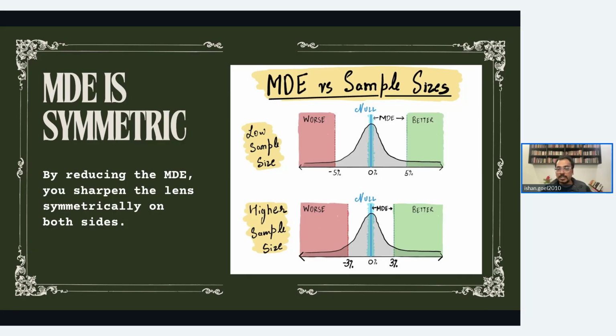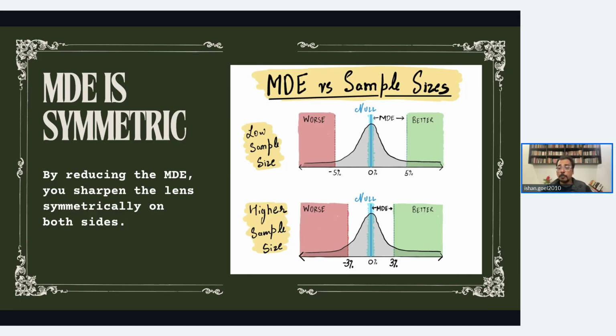When you have a larger minimum detectable effect, like when you have low sample sizes, then you are not able to detect smaller effects. And when you increase your sample size, you bring the boundary of worse and better closer. So in the picture below, you are able to sharpen your vision and you are able to detect differences even larger than 3% and lesser than -3%. So that is how MDEs work.